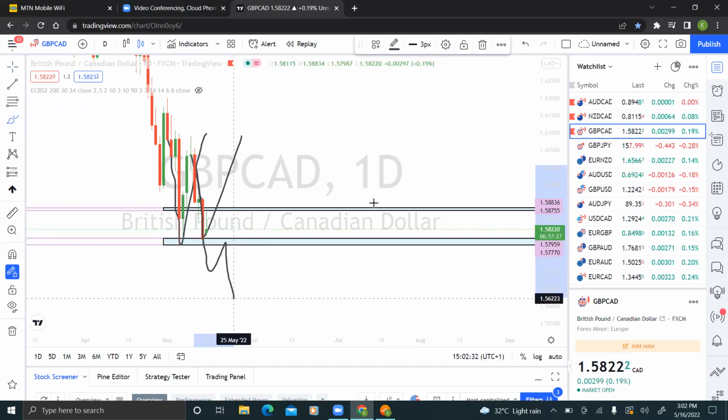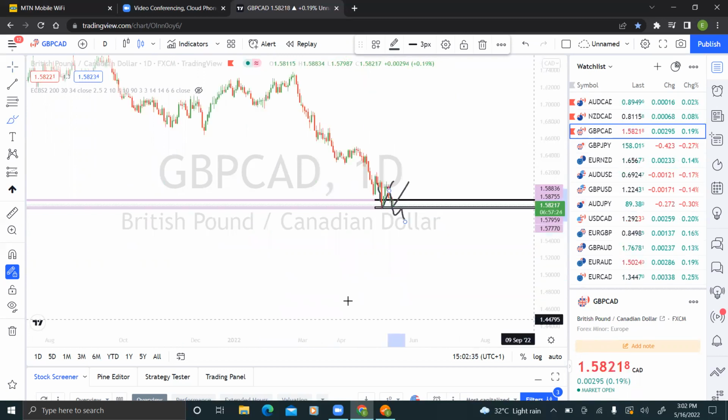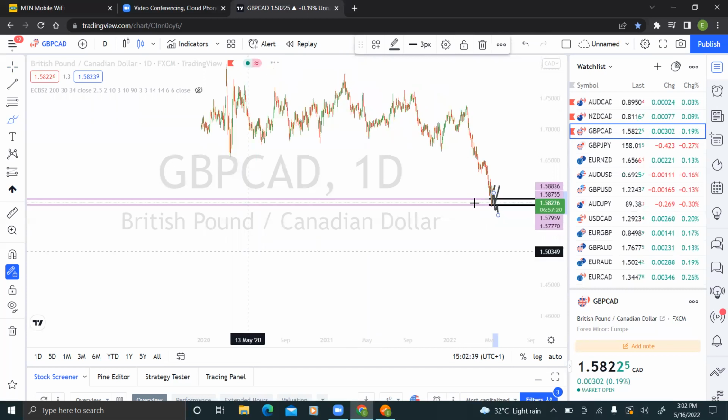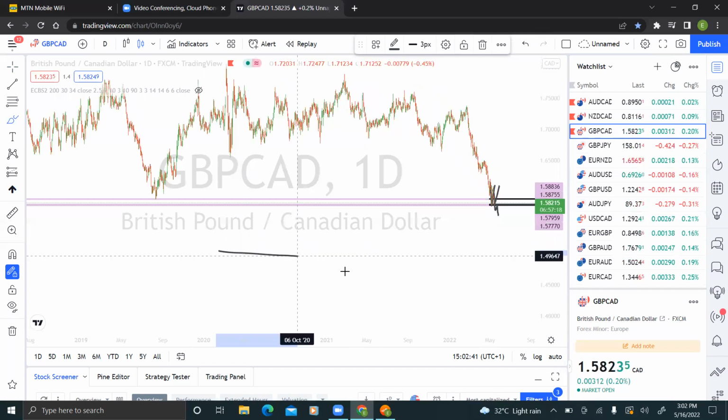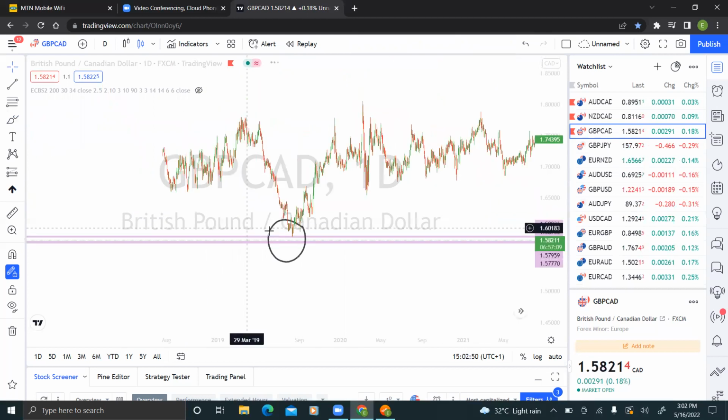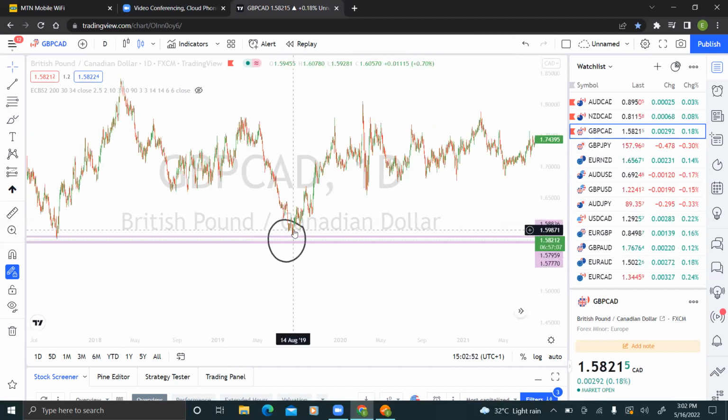Most likely, it either goes back up or it will break this zone, retest the zone, and then pull back down. Now, let's go to the past. Let's go see what has happened to GBP CAD a couple of months back, or a couple of years, as at this particular area. Ladies and gentlemen, sorry about that. You see, if you understand what is happening at this area, it's a reaction, right? There was a reaction right here. That was August 2019 on GBP CAD.